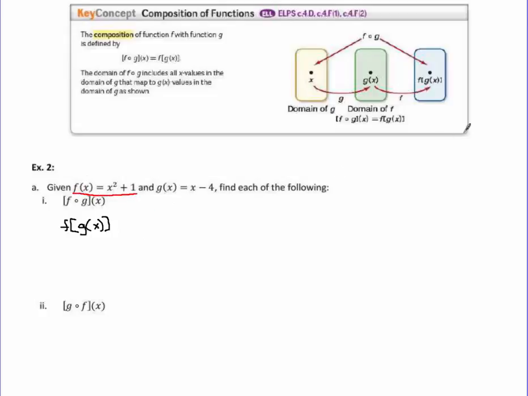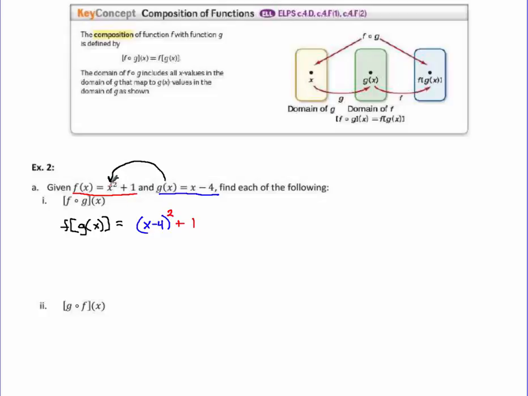So we'll have our f of x and we'll have our g of x. And since we're finding f of g of x, that means we're going to take our f of x, which is x squared plus 1, and we are going to put g of x everywhere there's an x. So what that's going to look like is we're going to put x minus 4, our g of x, squared plus 1.